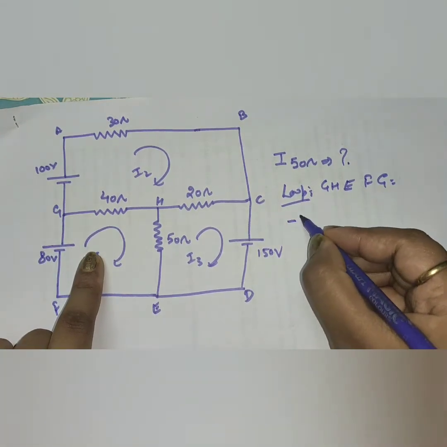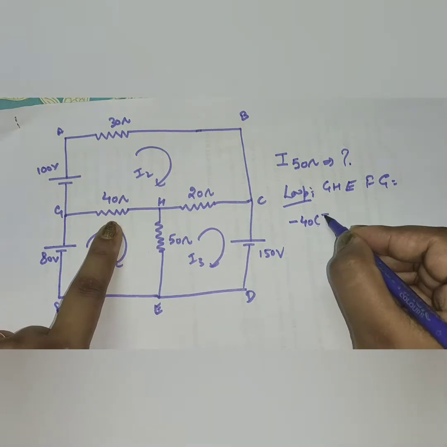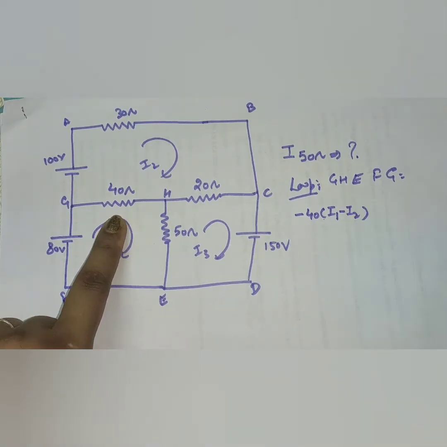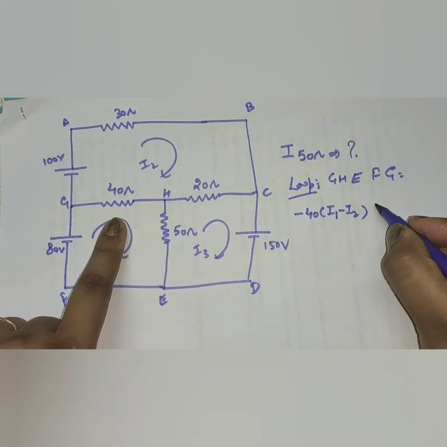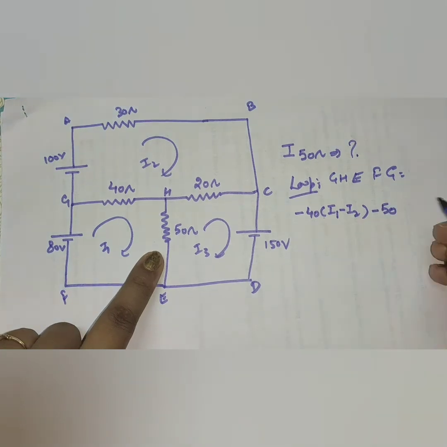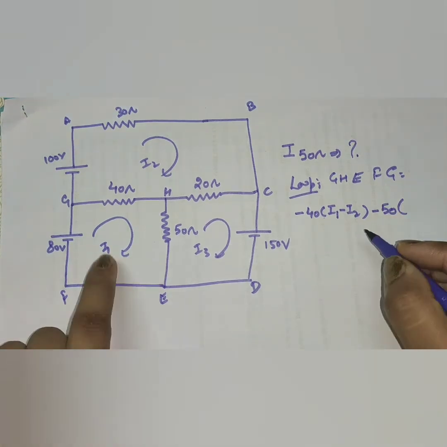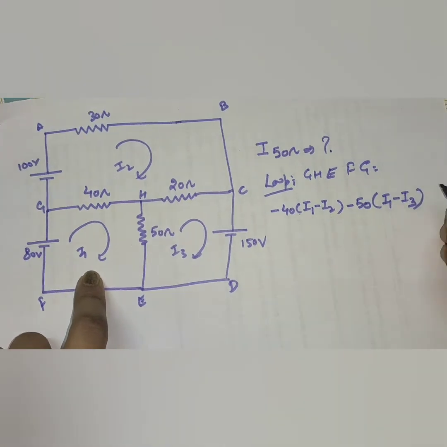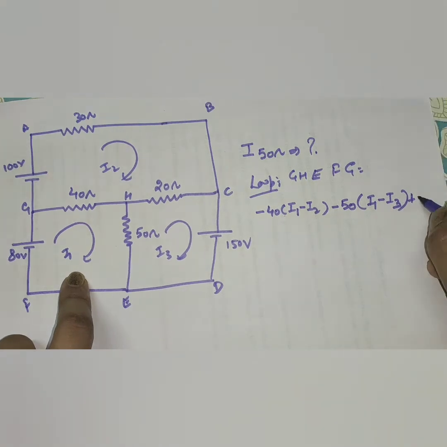Then minus 40 times I1 minus I2, because I2 flows in this direction, minus 50 times I1 minus I3, plus 80 equal to 0.